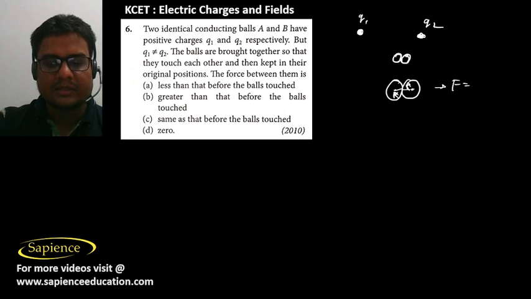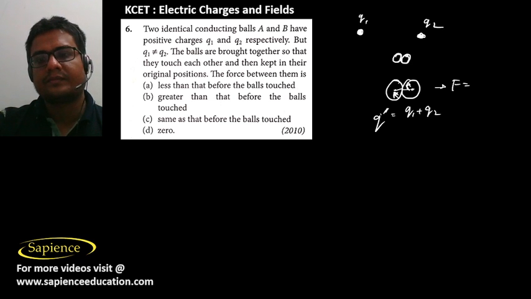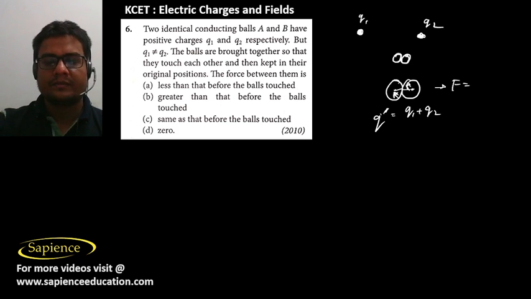when they are kept in contact, their charges are redistributed, and each will have the same charge q dash. So this will be q1 plus q2 by 2.